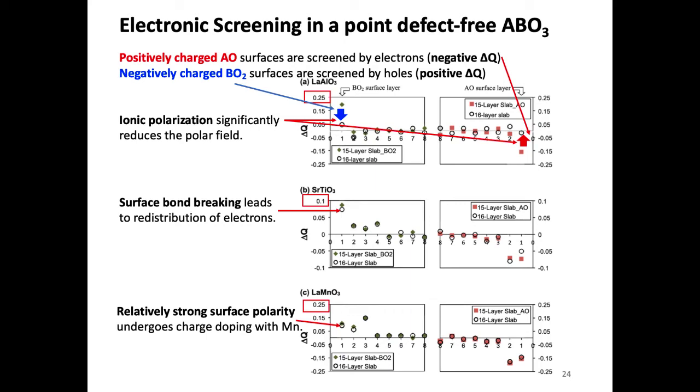In the meantime, for STO, if you compare the numbers on the y-axis, it is even smaller, so it's weakly polar. So surface bond breaking may be enough and leads to redistribution of electrons. In the meantime, for LMO, manganese can be very flexible, so even though LMO has relatively strong surface polarity, it undergoes charge doping with the manganese ion, so then you can see it is well screened.